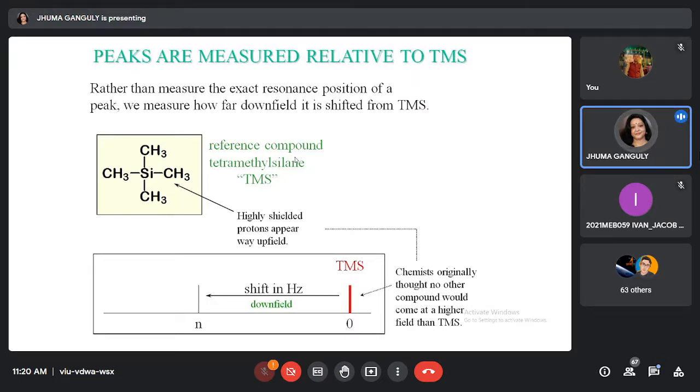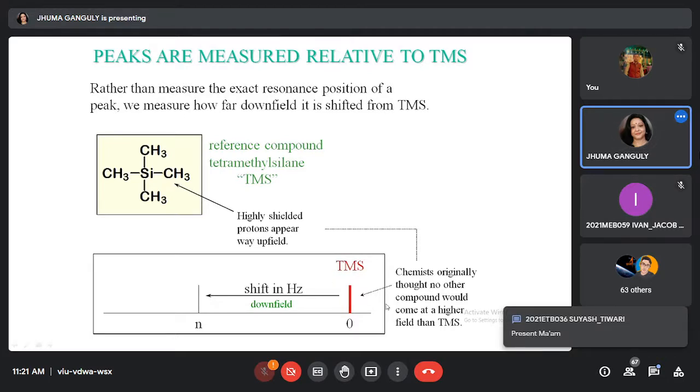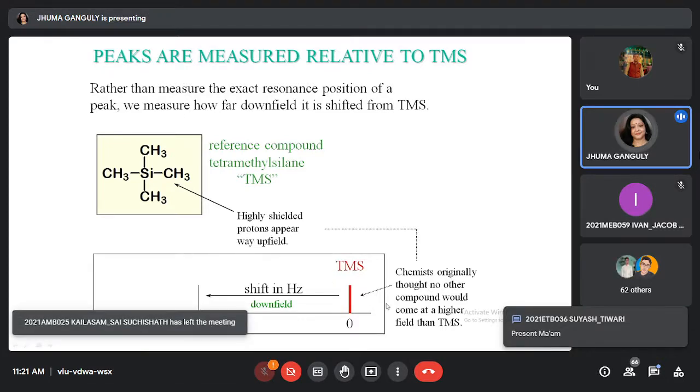Where will the scale start, showing zero? The molecule should be so sensitive that it shows a high intensity of protons at a time, and that makes the zero.